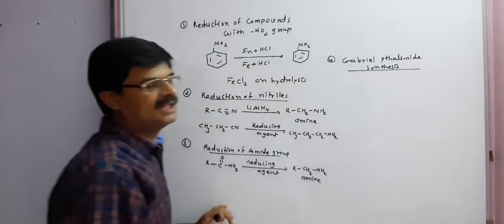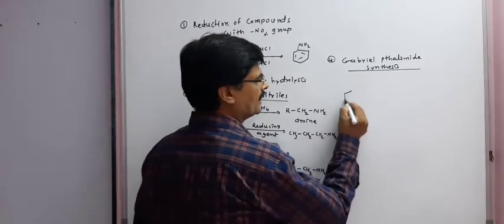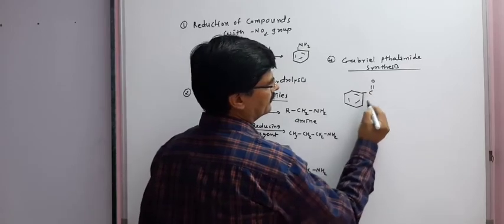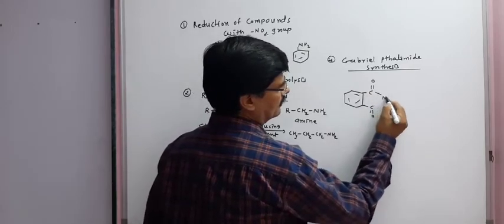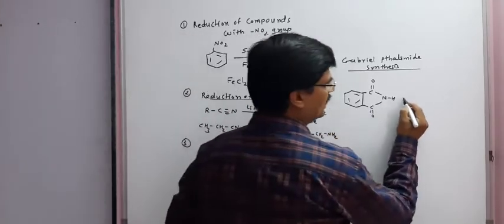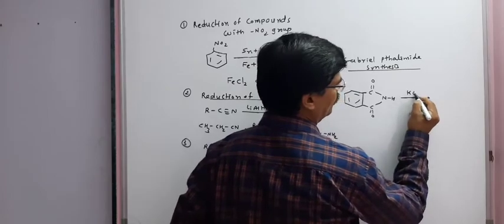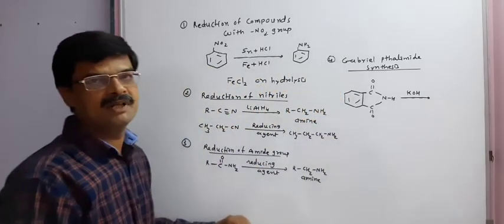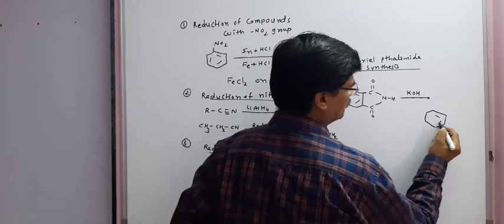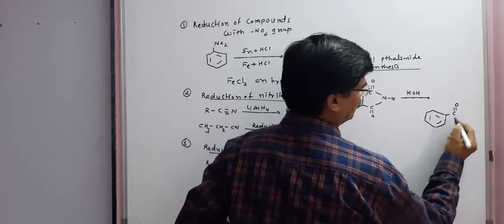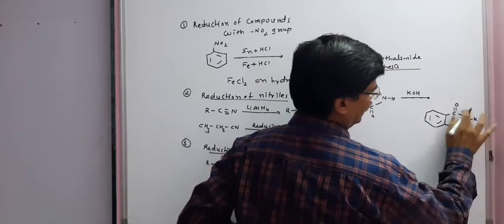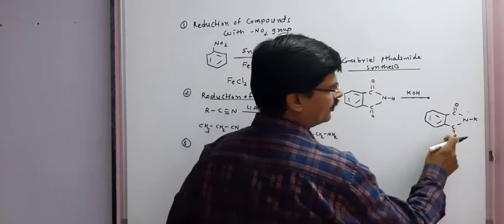What is Gabriel phthalimide synthesis? This is the structure of phthalimide. When phthalimide is treated with KOH, first we get the potassium salt of phthalimide.